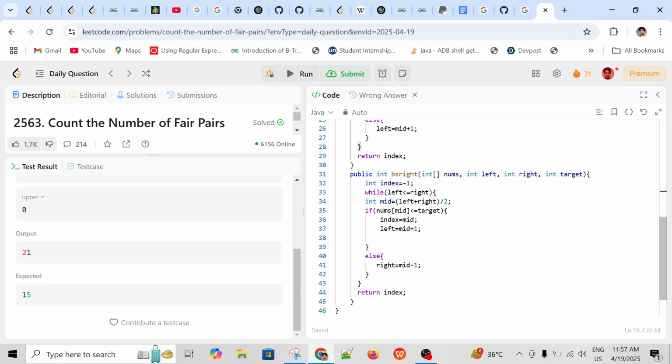Here I am trying to find out the right index. So whenever the value is less than or equal to the target, I will increase the left. So that's why the index is mid, and I have increased it by one. Otherwise we have to decrease the right. It is correct.